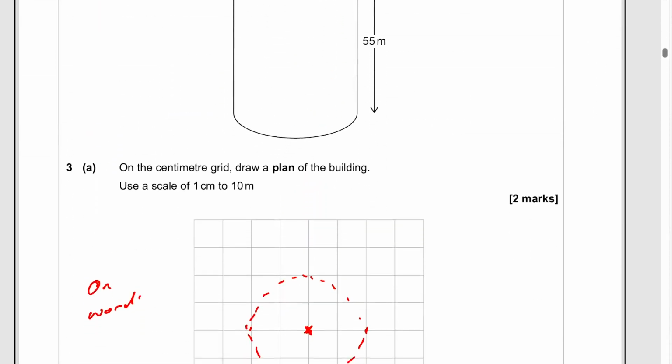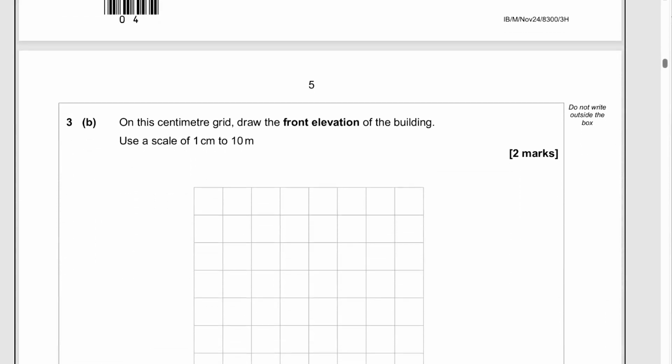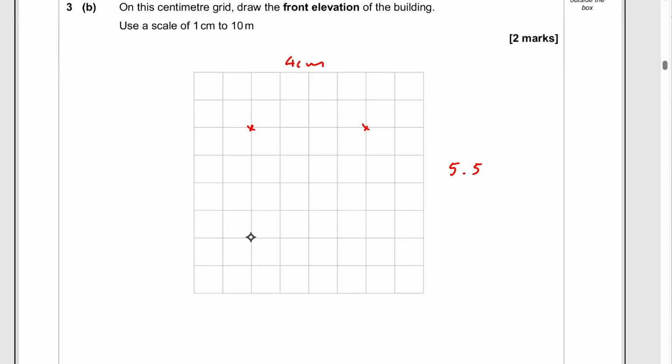40 meters by 55 meters is going to become 4 centimeters by 5.5 centimeters. So we're looking 4 centimeters across and 5.5 down. Let me just change that slightly, give myself a bit more room. 4 across, 5.5 down.